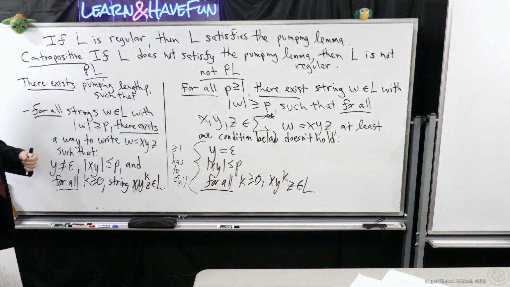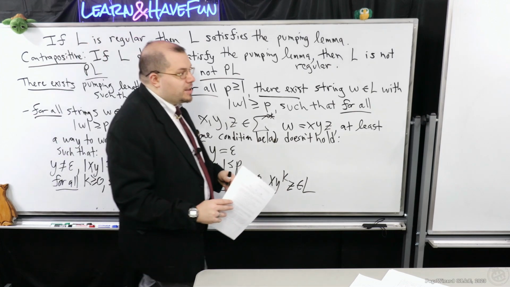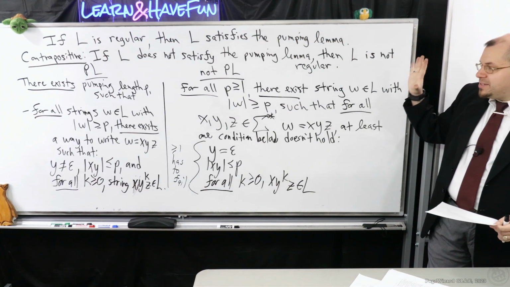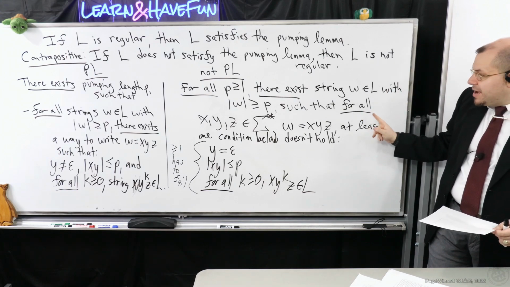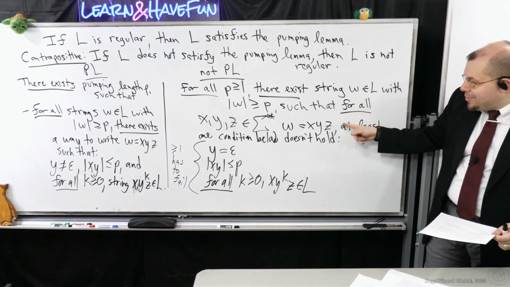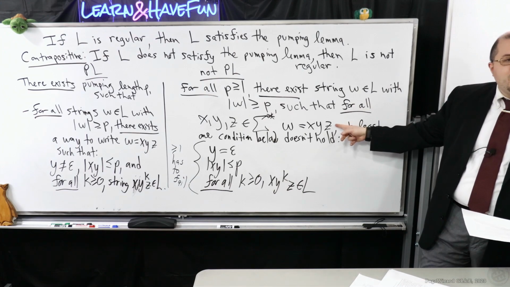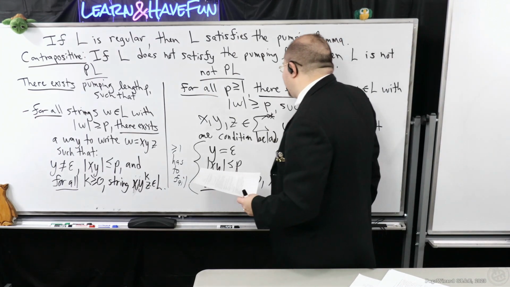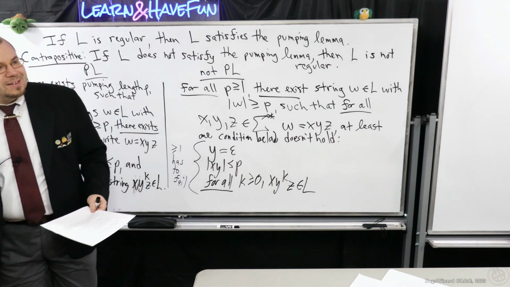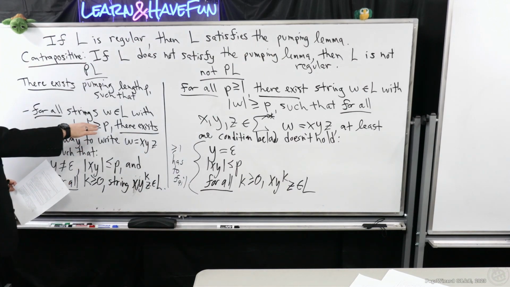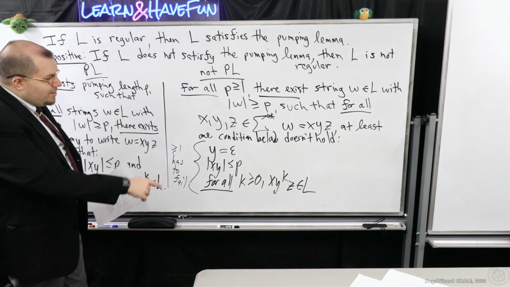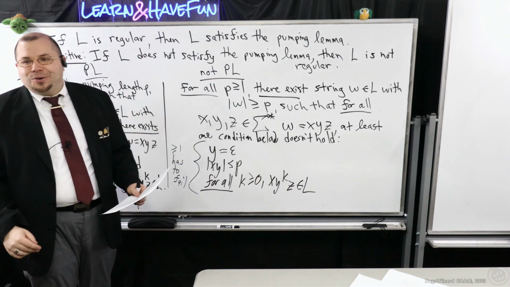That's usually your best friend when you're proving a language isn't regular using the pumping lemma. But please note, and this is a common pitfall for students, that you don't have control over how this string gets decomposed into these three parts. Notice that it's for all of these. Unlike over here, there exists some way to do it. That's what the pumping lemma says. Here you have no control over that.